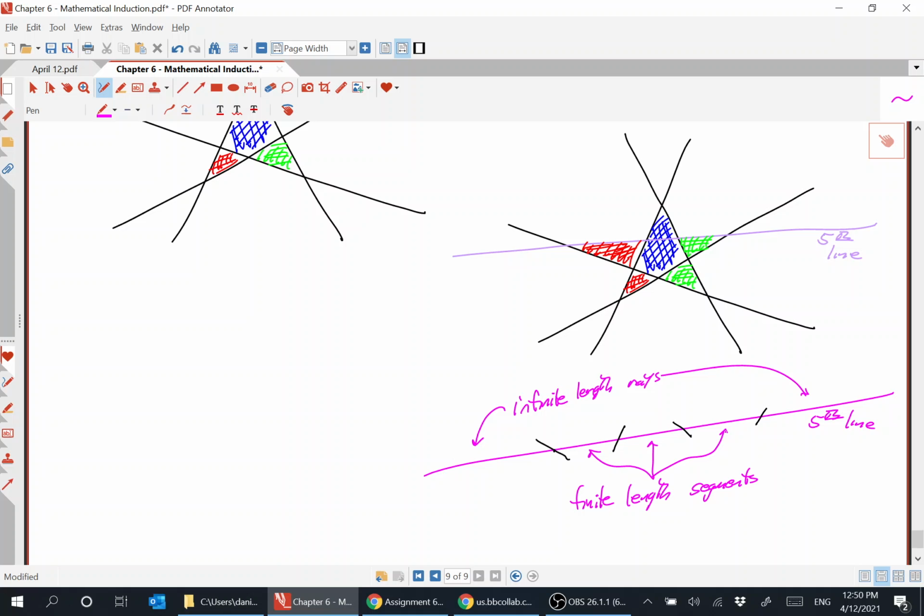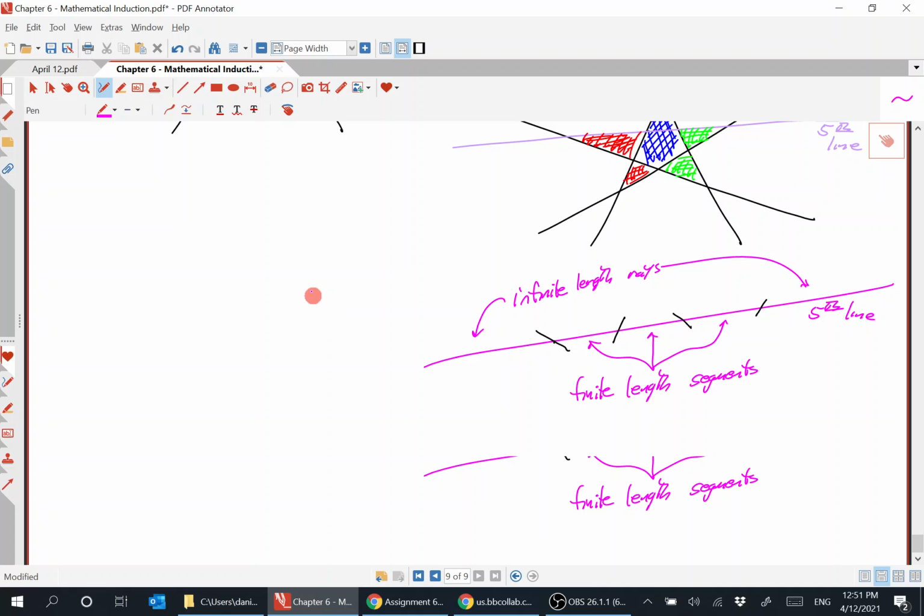No, totally can't. A finite length segment can only take a finite region and divide it into 2 smaller finite regions, or an unbounded region and divide it into a bounded region and an unbounded region.